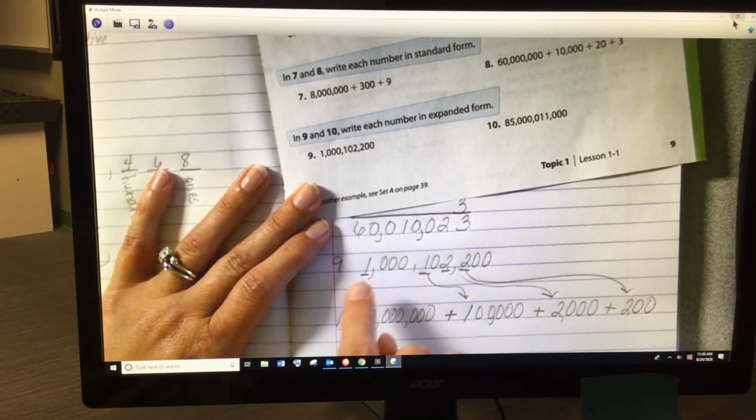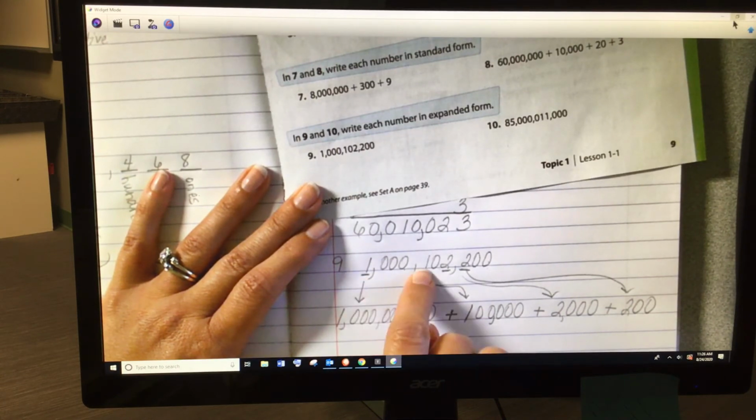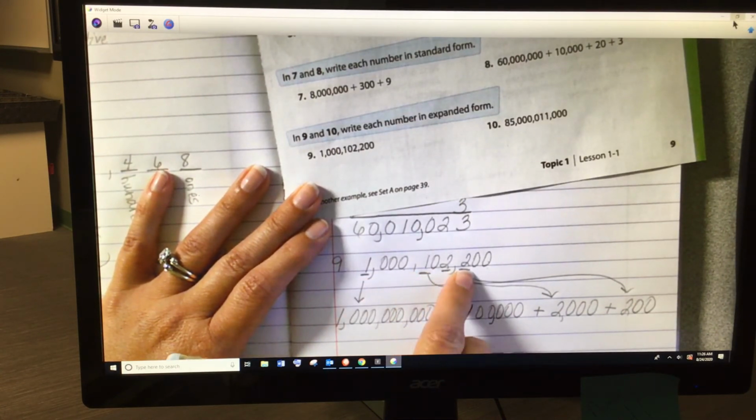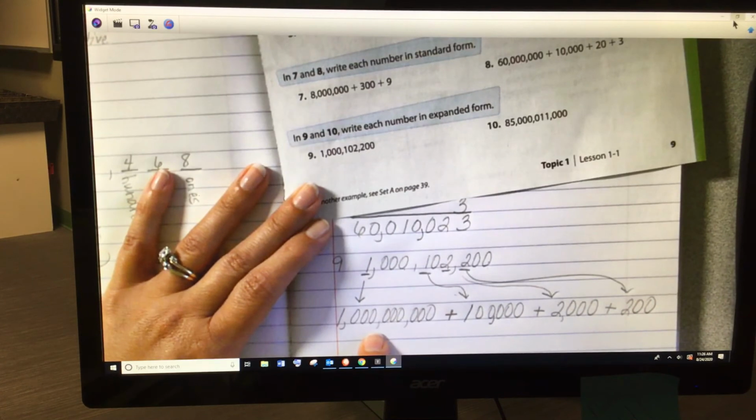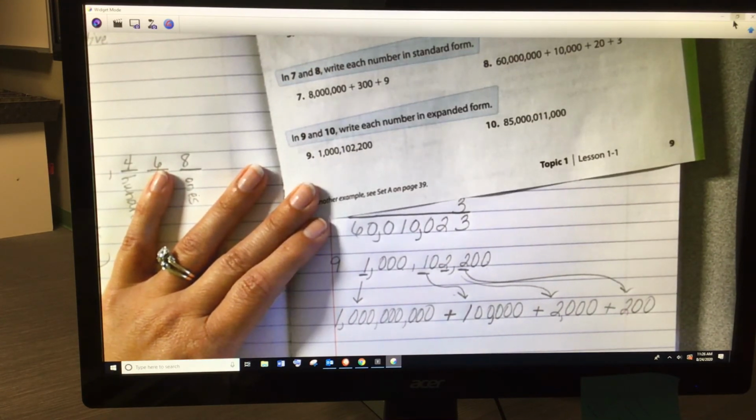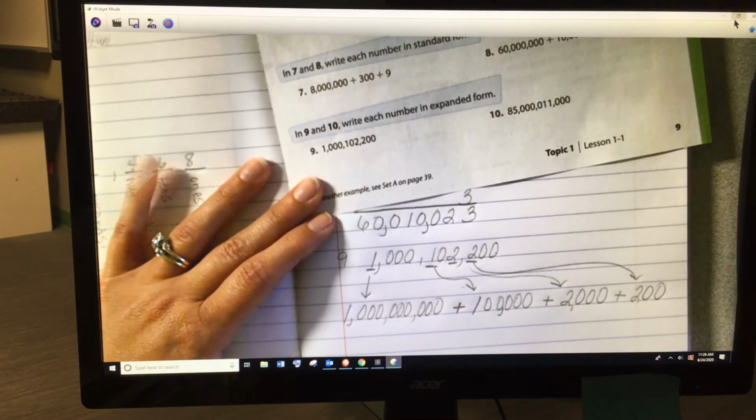So we broke down 1,102,200 into 1 billion plus 100,000 plus 2,000 plus 200. So expanded form. Pretty easy.